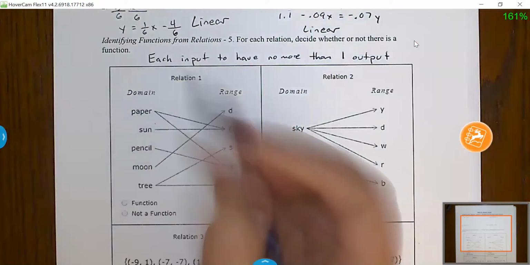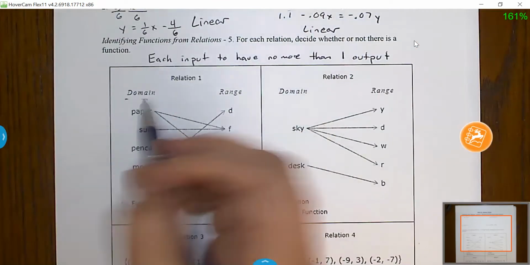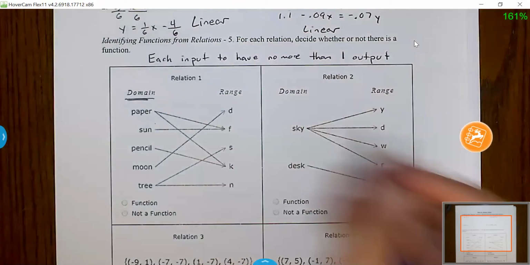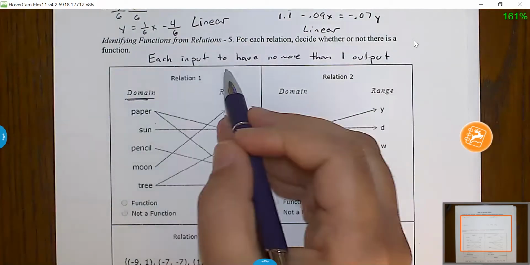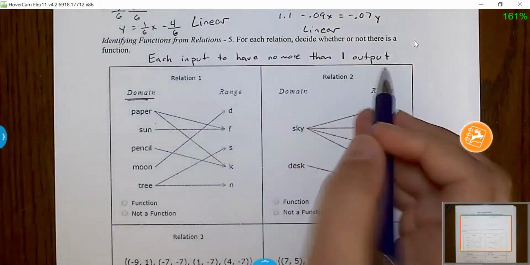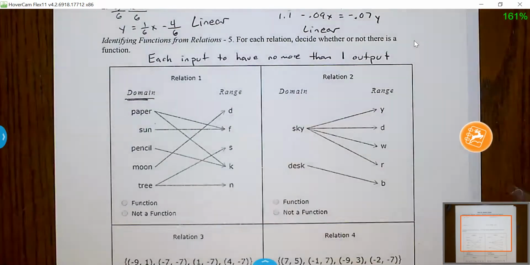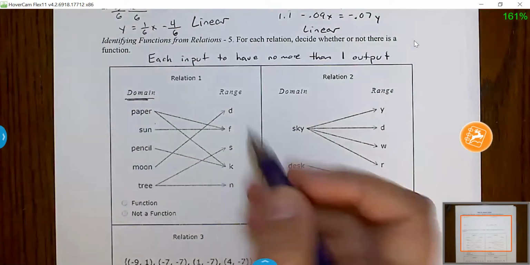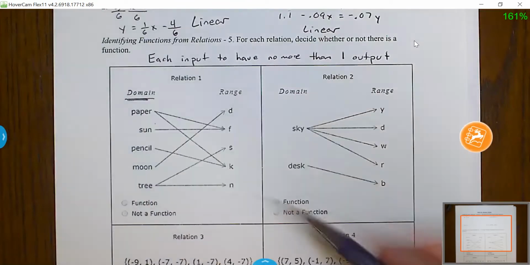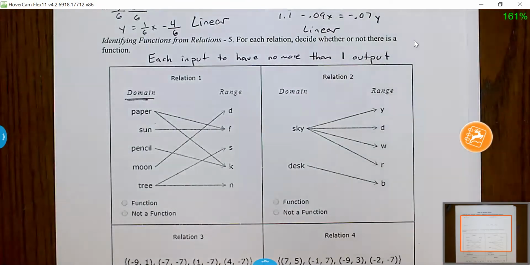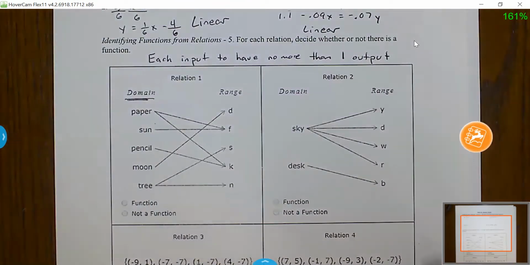So each input, that is domain. Domain's another name for input. Each input to have no more than one output. So one input goes to one output. If we have any inputs that output to more than one output, that is not good.